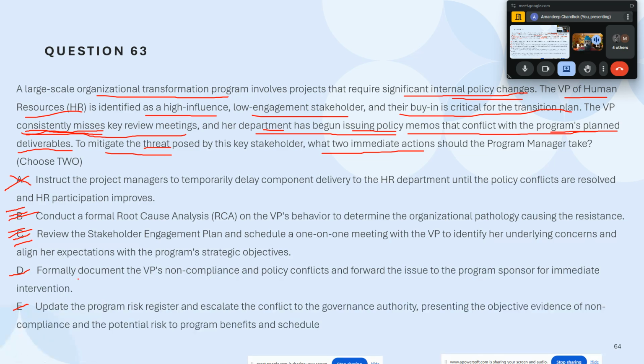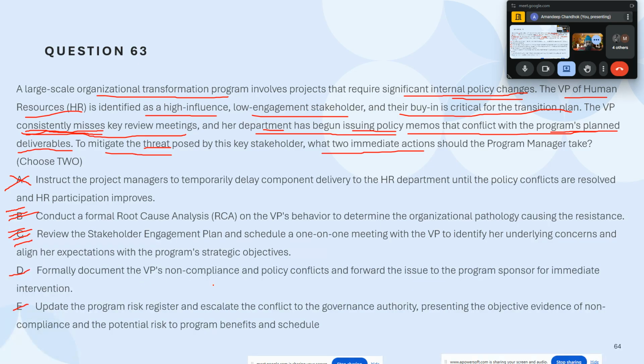Let's go on with this one. What I was explaining earlier was around formally documenting the VP's non-compliance. This VP is missing a lot of meetings, and you're seeing a contradiction coming in, wherein they are issuing policy memos which are not aligning. So it's not necessarily a wrong answer.